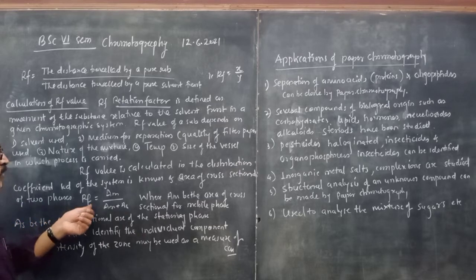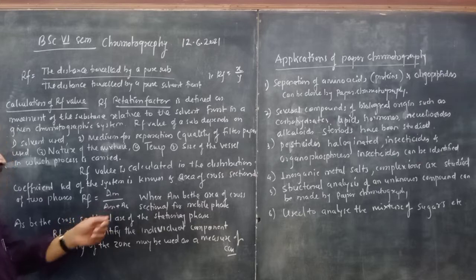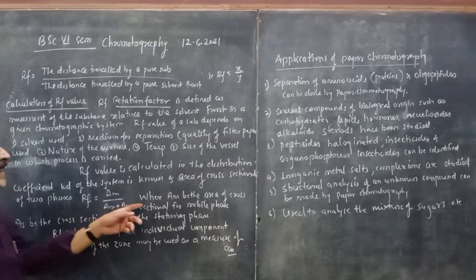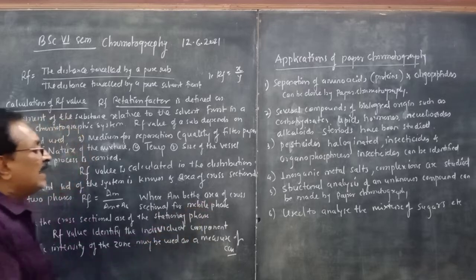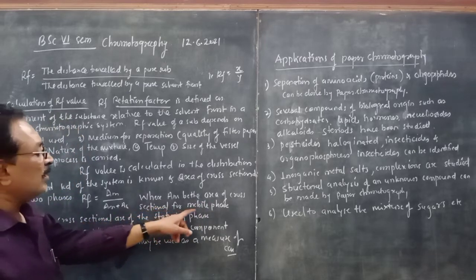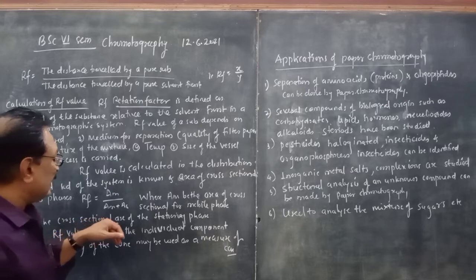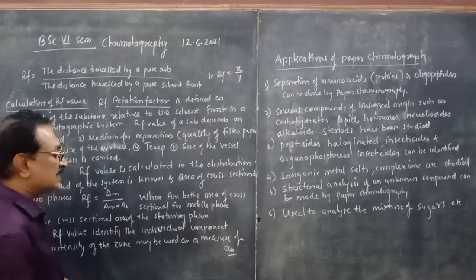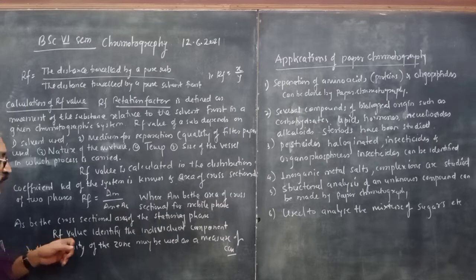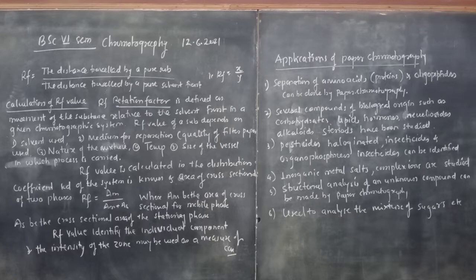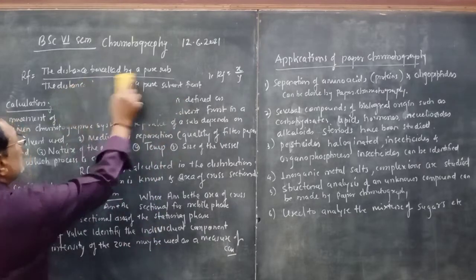RF is equal to Am divided by Am plus As, where Am is the cross-sectional area of the mobile phase, and As is the cross-sectional area of the stationary phase. The RF value identifies the individual components, and the intensity of the zone may be used as a measure of concentration.